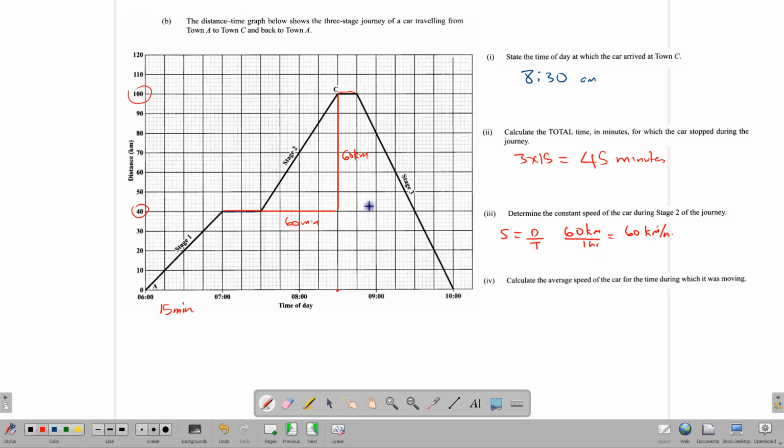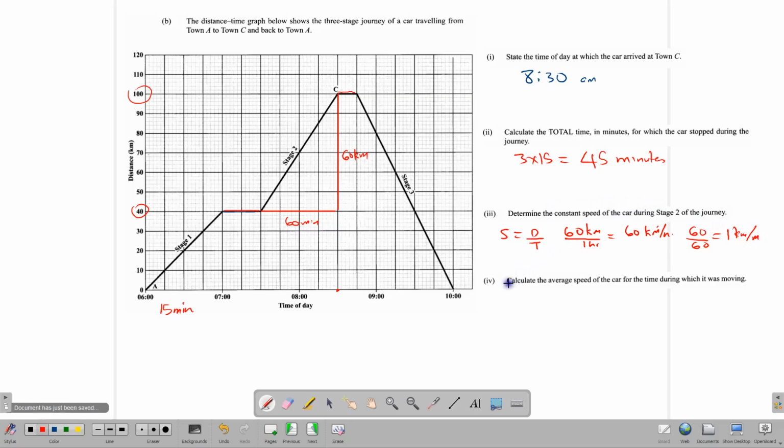So that would be our speed during stage 2. Or you could divide by 60, in which case it would be 1 kilometer per minute, depending on how you wanted to calculate it. The question did not say.